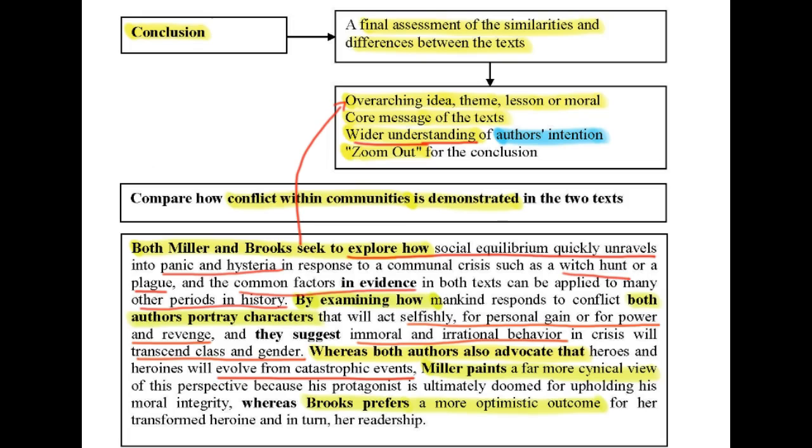And this is the kind of conclusion that you want to aim for. This is not the only conclusion that you could write. You could phrase it in a lot of different ways, but hopefully it illustrates the kind of elements and the way you want to try and portray this particular conclusion.